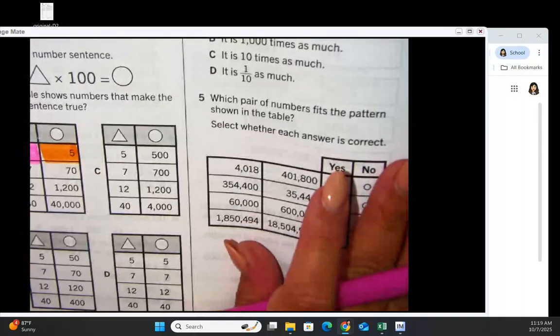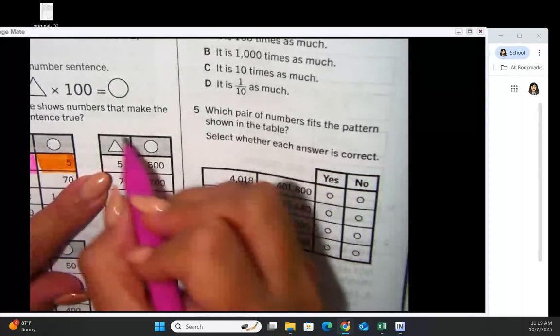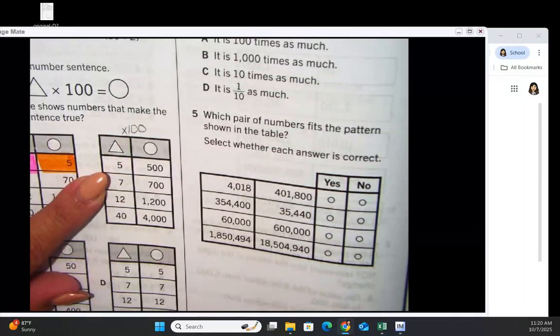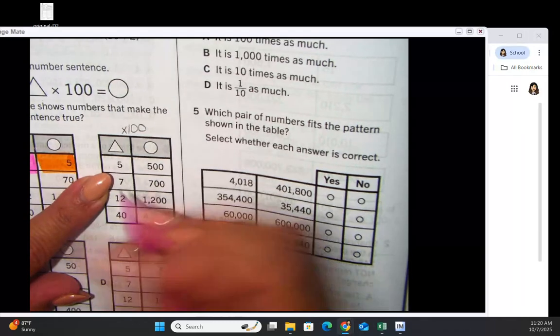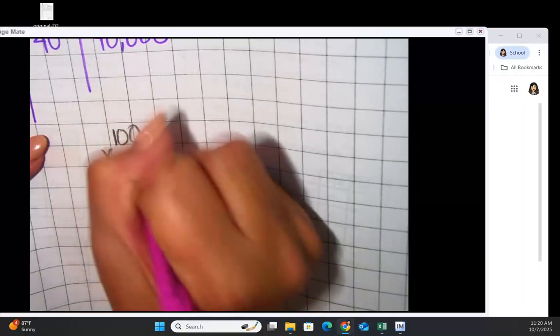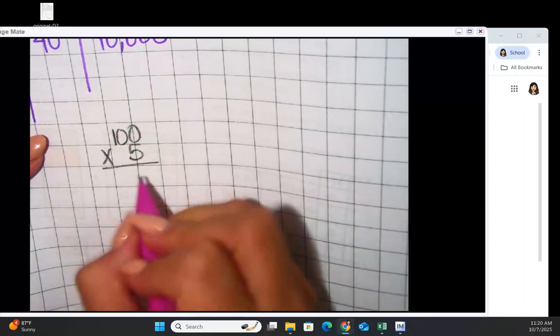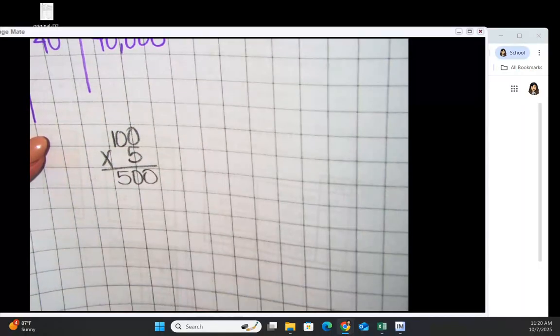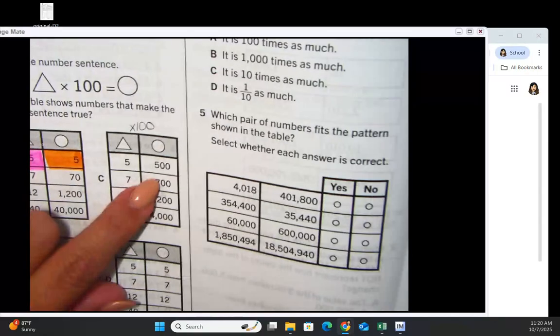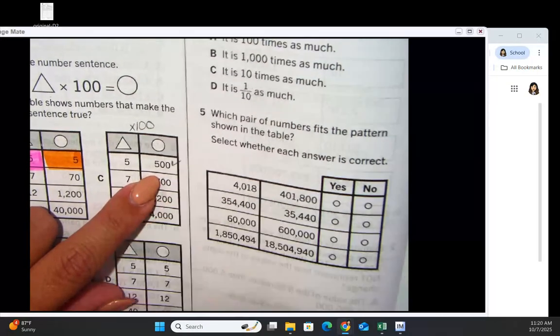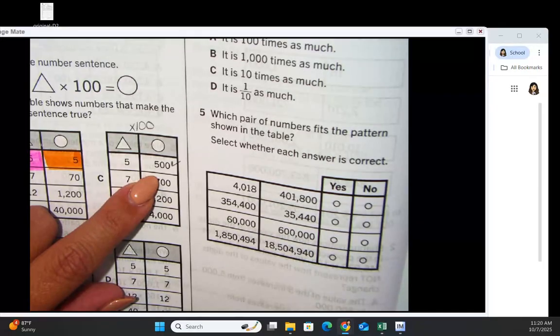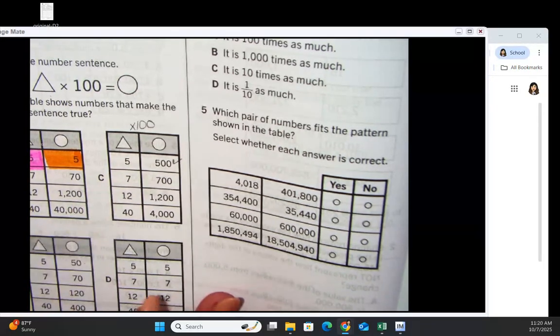Let's look at letter C. Triangle times 100 equals circle. If I multiply 5 times 100, well, we already solved this one. We said it's 500. Does this say 500? Yes. But I'm not going to say, oh, well, this has to be my answer then.